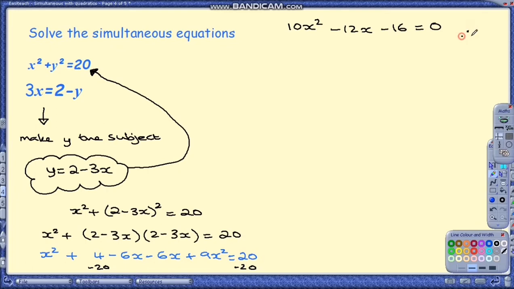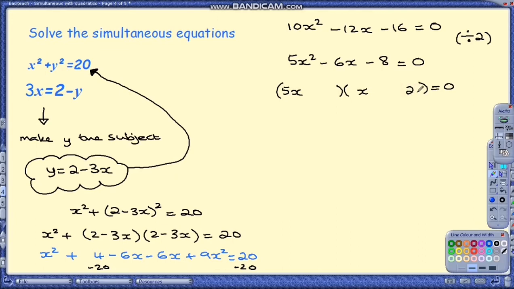Therefore, we're going to divide everything by 2. And that's going to give me 5x squared minus 6x minus 8 equals 0. And then I'm going to factorize. It's going to be 5x and x.